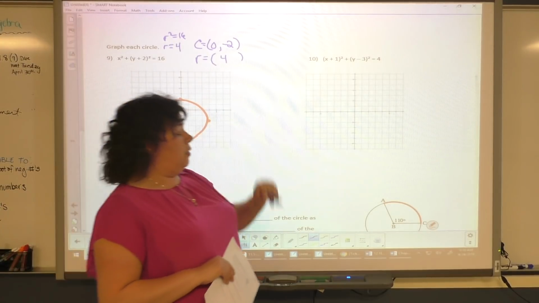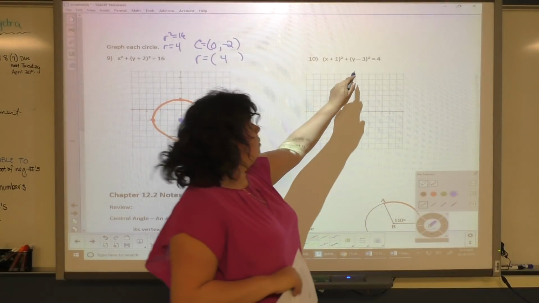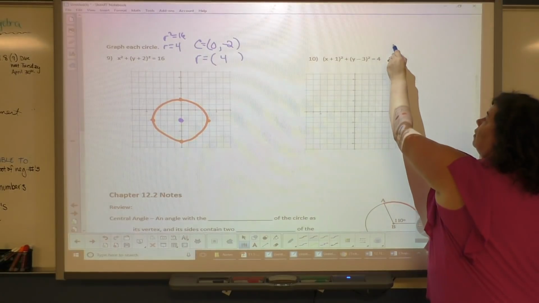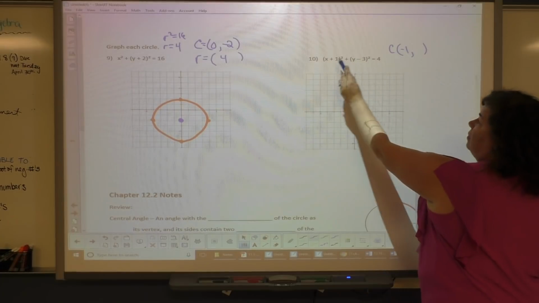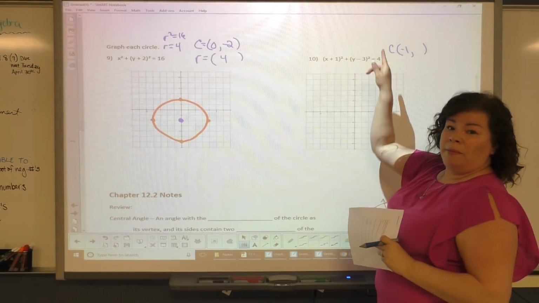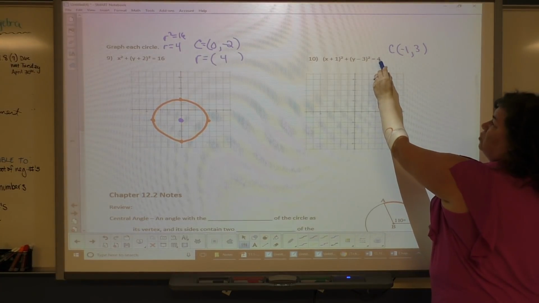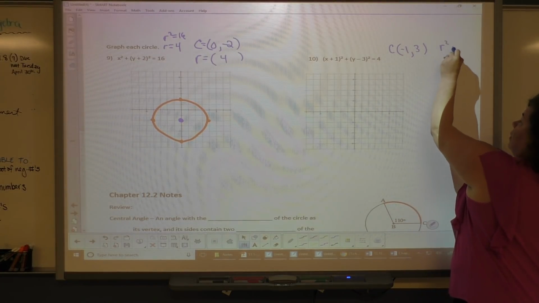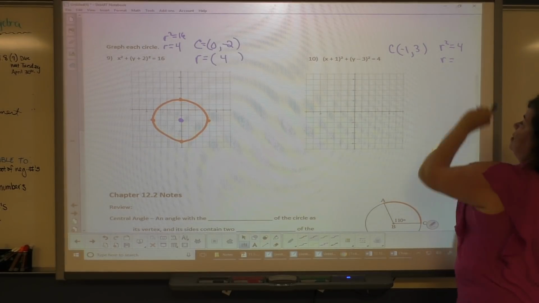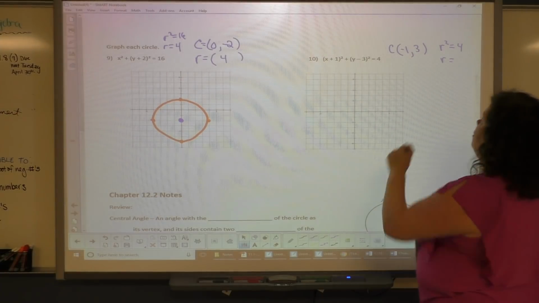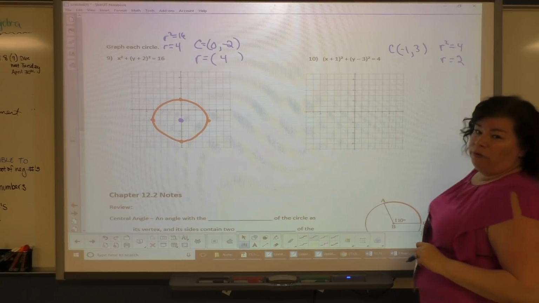All right, let's go ahead and do it here. Identify the center first. Our center is the ordered pair (−1, 3). Remember, take the opposite sign. And if this represents radius squared, which is 4, I need my radius to actually graph. If radius squared is 4, our radius is actually 2, because the square root of 4 is 2.